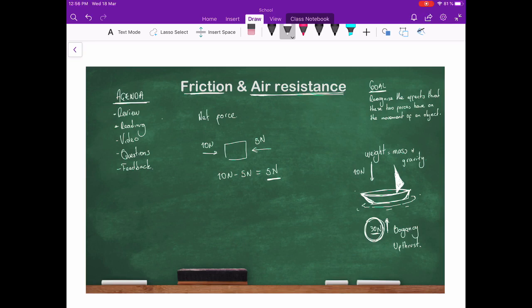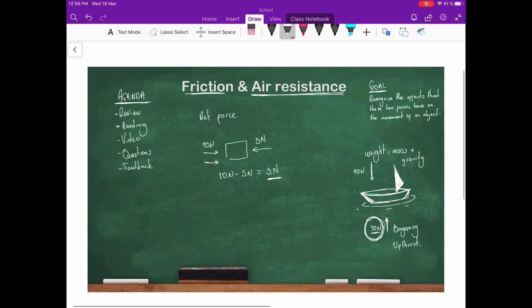The movement is going to be in the direction of the biggest force, that is 10 newtons, and we can say that the forces are unbalanced. So that's the way we find the net force when you have two forces acting on an object.